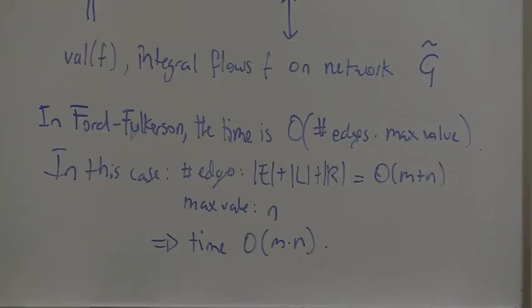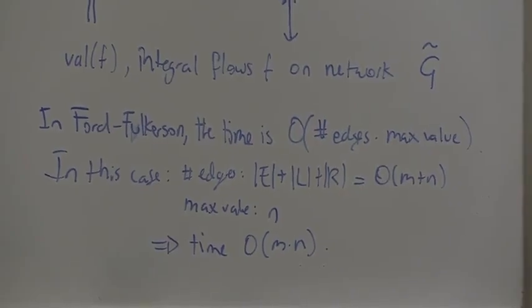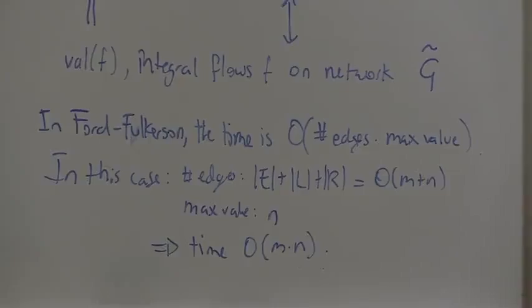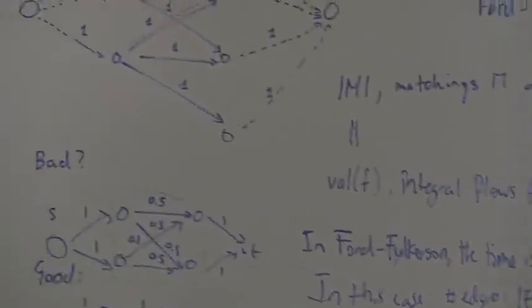Okay, so now we solve bipartite matching. For us, bipartite matching today only plays as a motivating example. So what was motivating about it? Some features of the way we solve this problem today are the following.